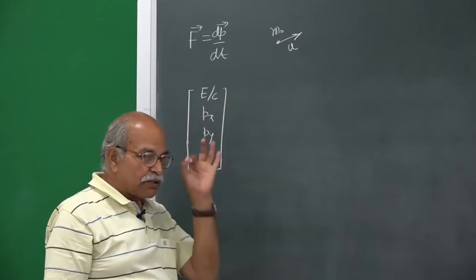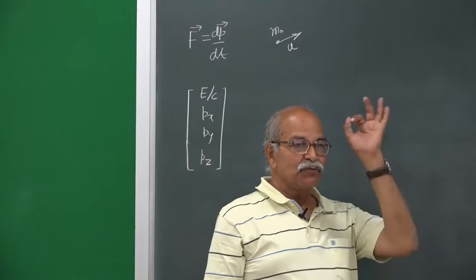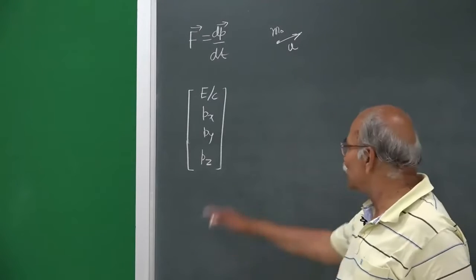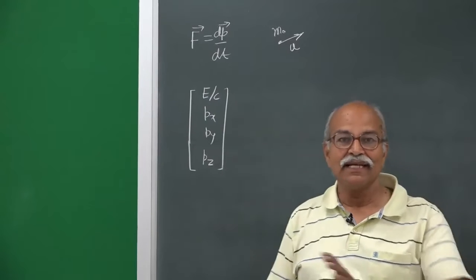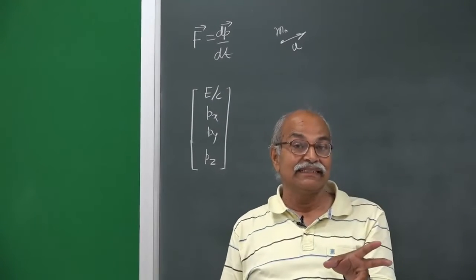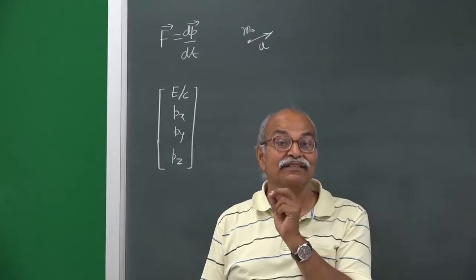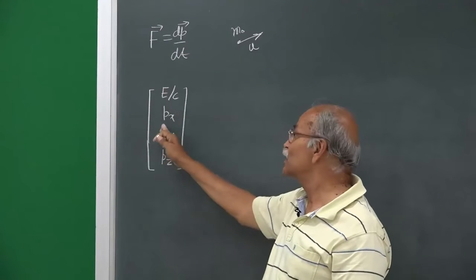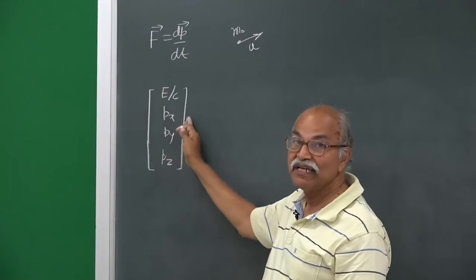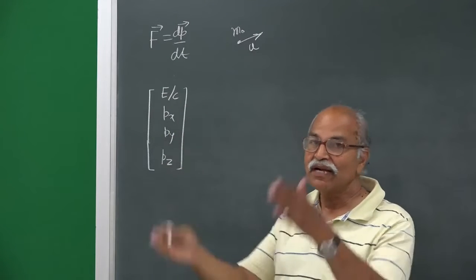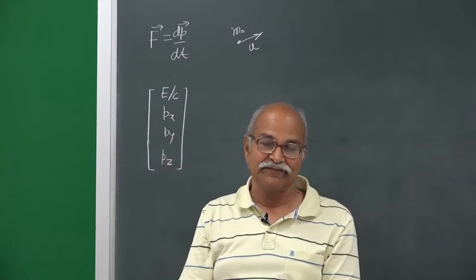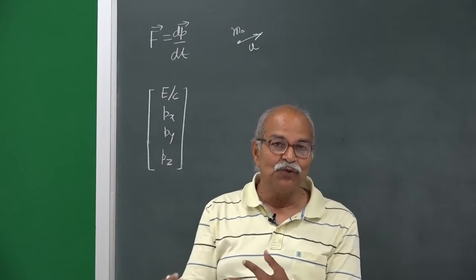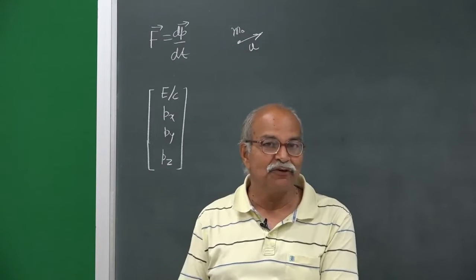So, at a particular time the particle has some total energy E, and some total linear momentum which has components px, py, pz. Then at time t plus dt these things will change a little bit. So, you have E plus dE, px plus dpx, py plus dpy, pz plus dpz, but that also will form a 4 vector. And when you subtract, the difference of two 4 vectors is also a 4 vector.